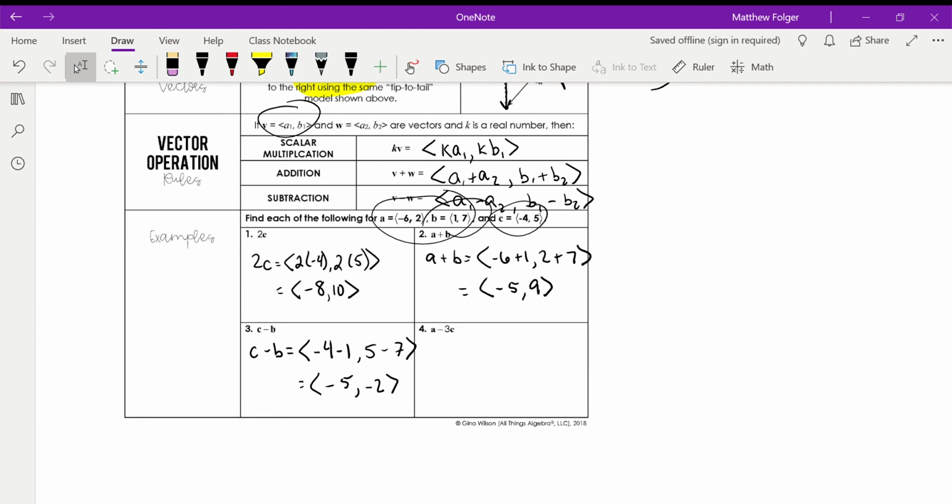All right? Now, when they get more complicated like this, you don't have to really think much about it. Just do what it says. A minus 3C. Let's see. So the two that we're using, let me erase, this is a little messy up here, I'm using A and C, right? So start with the A's. I want to do -6 minus 3 times -4.